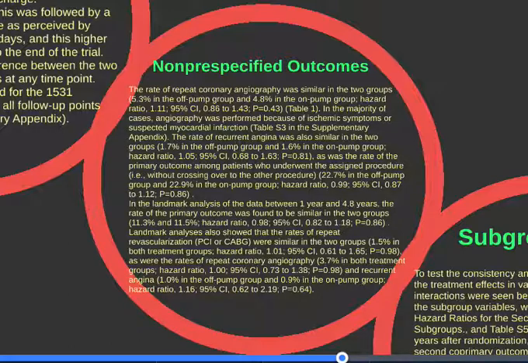In the landmark analysis of the data between 1 year and 4.8 years, the rate of the primary outcome was found to be similar in the two groups. Landmark analyses also showed that the rates of repeat revascularization were similar in the two groups, as were the rates of repeat coronary angiography and recurrent angina.